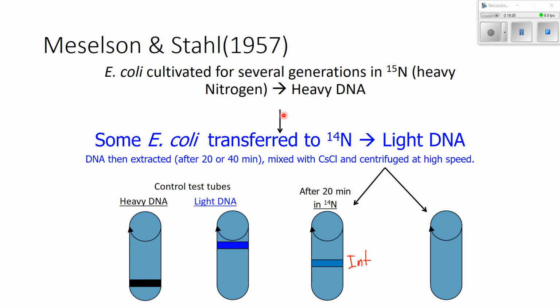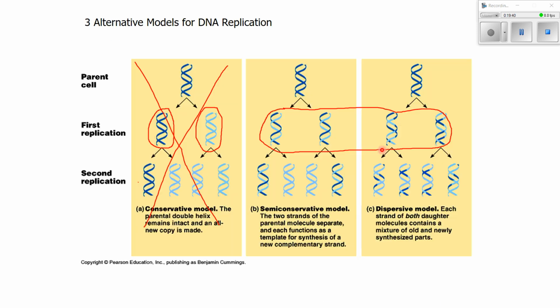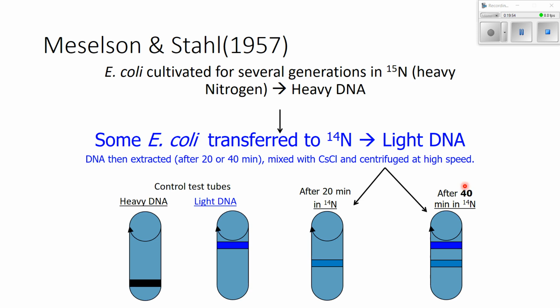They transferred the bacteria into light nitrogen, and the second time they did this, they left the bacteria in the light nitrogen for 40 minutes, which is enough time to copy the DNA not just once, but twice. They wanted to see, okay, what kind of DNA do we get? Is it heavy? Is it light? Where does it go if the DNA has been copied twice?